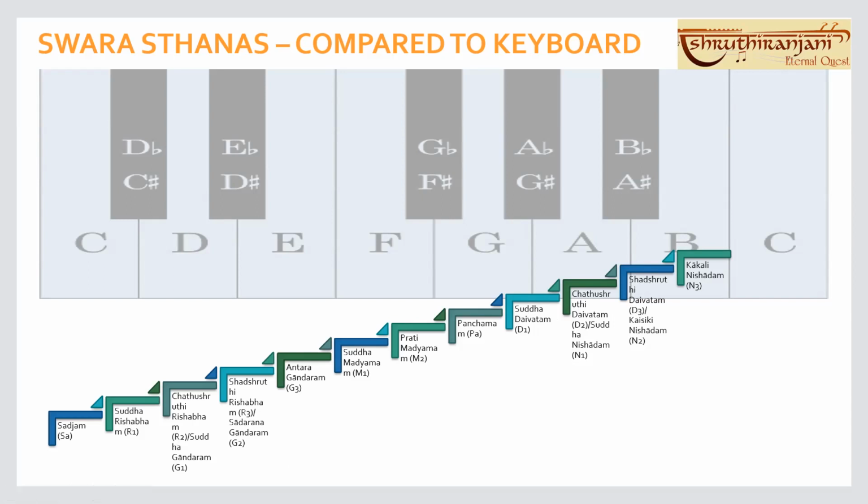Okay. But one difference is these are all fixed. In a harmonium or a keyboard, your white key, black key, the frequency is fixed. Whenever you touch that note, you will only get that particular note. But in Carnatic music instruments like veena, violin, or flute, they are not fixed.